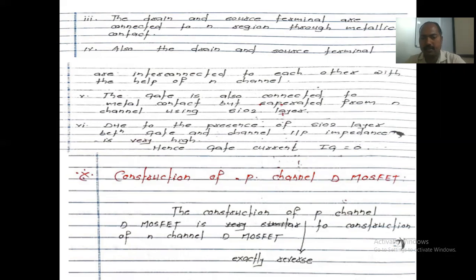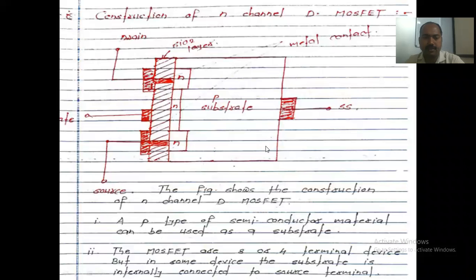I already explained which terminals are used here. Only this terminal and this terminal remain. I already said the source terminal and the substrate terminal are internally connected to each other, right? Source and the substrate terminal are nothing but one terminal. All other things are the same.